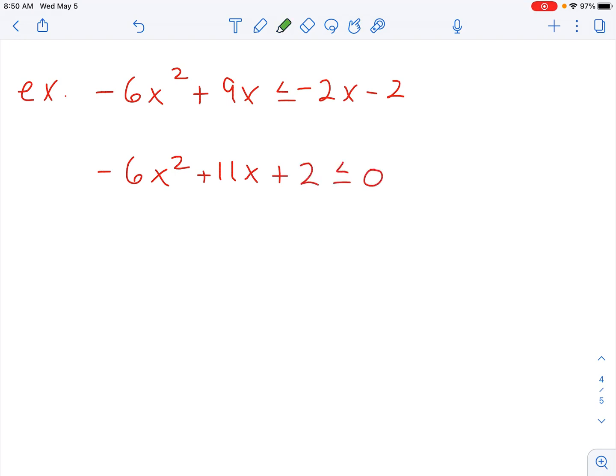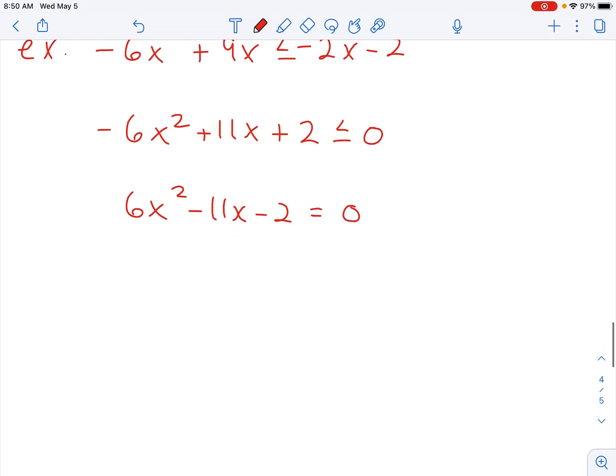And the only difference is this one is a little bit more difficult to factor because we have a leading coefficient other than 1. So one thing I do notice is that this is a negative out front. And since I'm thinking of this as an equal sign, I can multiply everything by negative 1, giving me 6x squared minus 11x minus 2 is equal to 0.